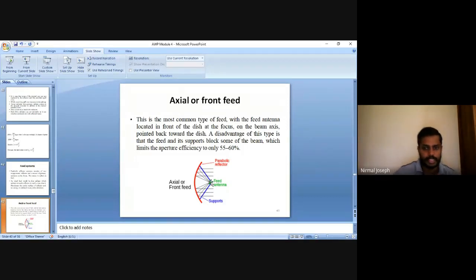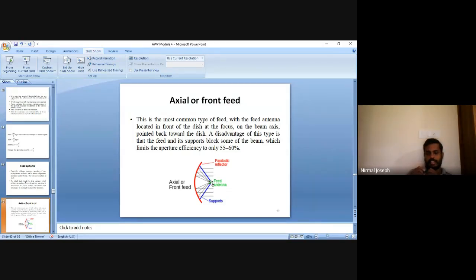That is the main disadvantage here. Everything was okay, but the support system and feed antenna can block a part of the signals, so the aperture efficiency falls to 55 to 60%.